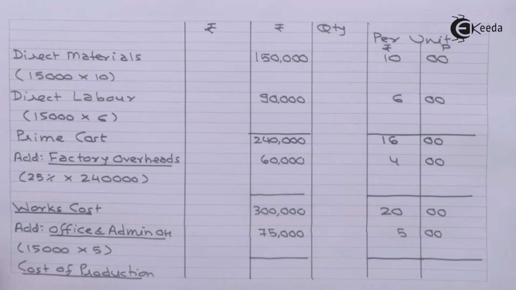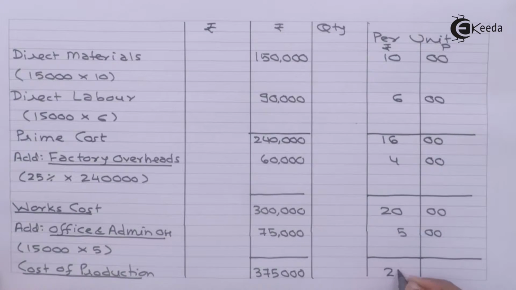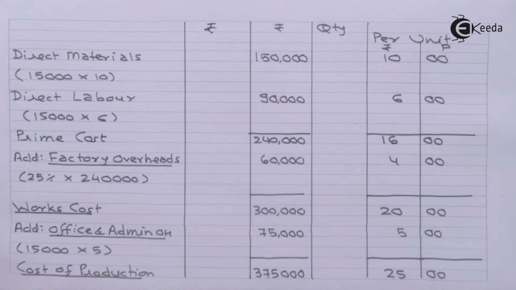Now we can calculate cost of production. Total 3,75,000. Per unit it will be rupees 25. This is the current cost of production per unit. Closing stock of finished goods will be valued at this cost.